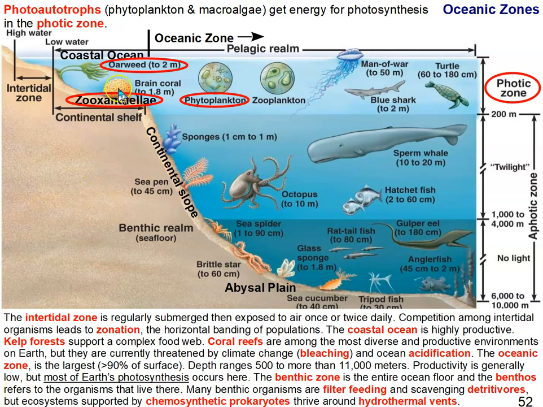The other problem for coral, and it's related to climate change, because climate change is being caused by the increase in carbon dioxide in the atmosphere, is ocean acidification. The carbon dioxide is dissolving in the water and becoming carbonic acid and decreasing the pH of the water. That makes it difficult for coral to build the calcium carbonate houses around itself.